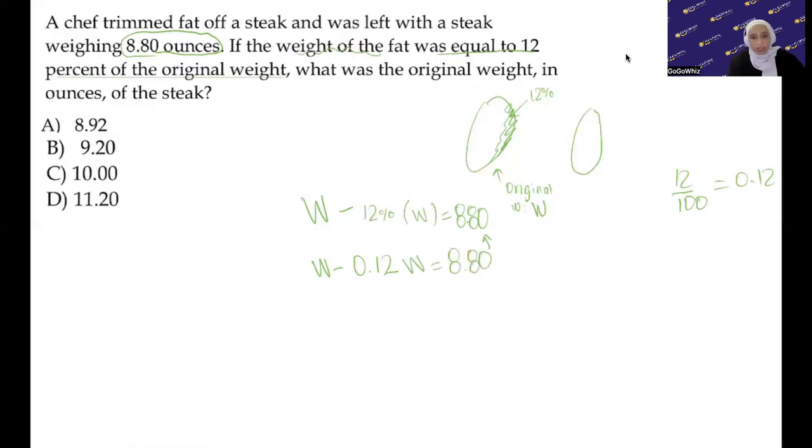So then I have technically 0.88 W is equal to 8.80, because I took this one and subtracted the 0.12. Even if you feel you can't make these subtractions, that's okay. This is a calculator part of your test anyway. But really, you can think of it as 100% minus 12%.